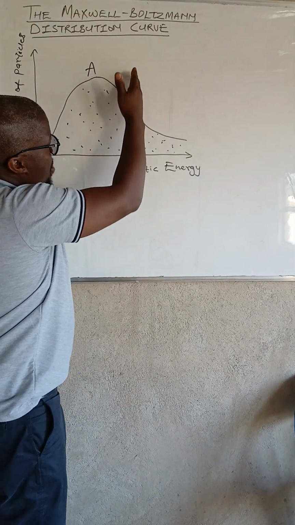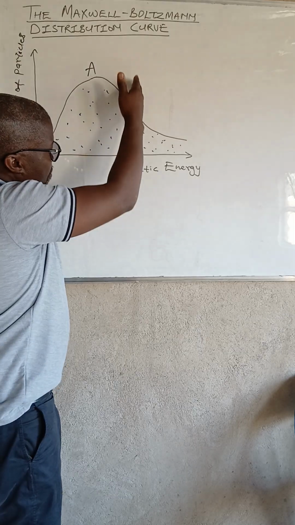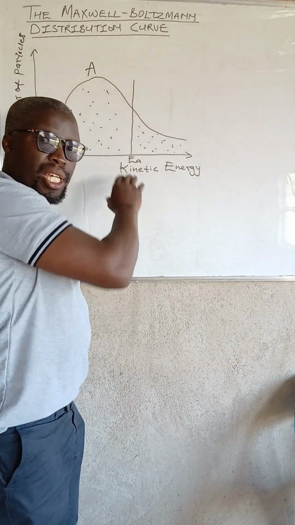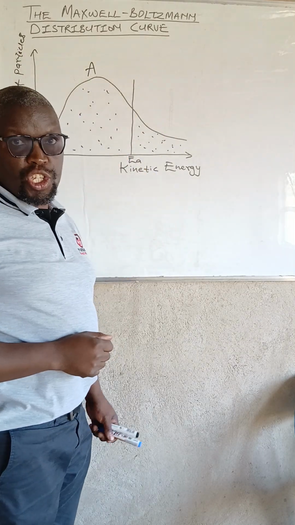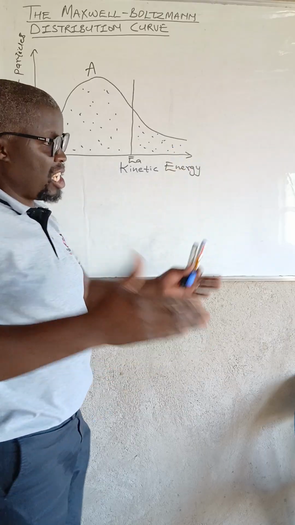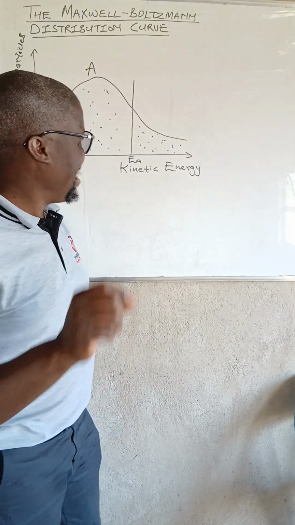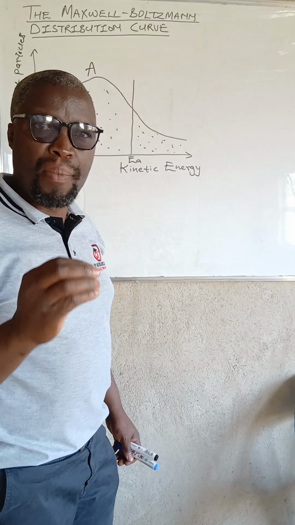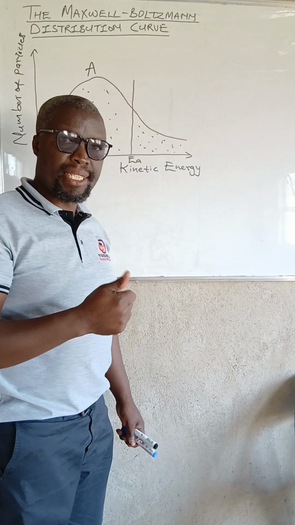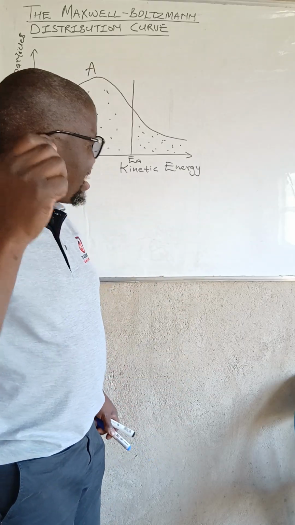Now, as you can see, we have the vertical line over there. The vertical line represents the activation energy. Suppose you still remember what is meant by activation energy: the minimum amount of energy which is required to start a chemical reaction.